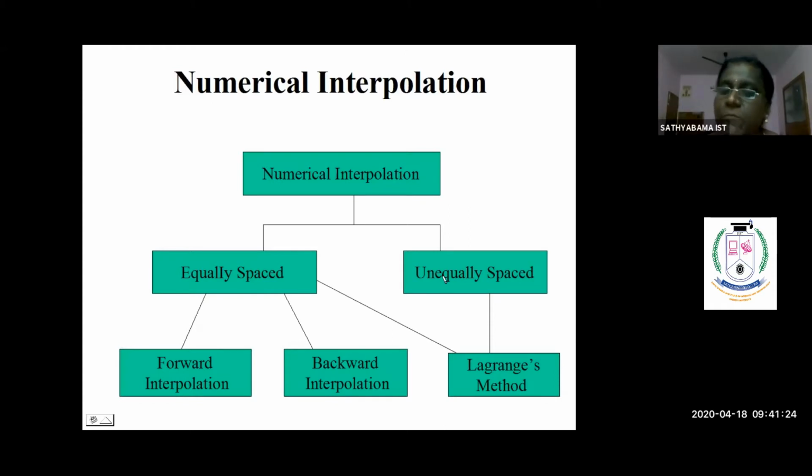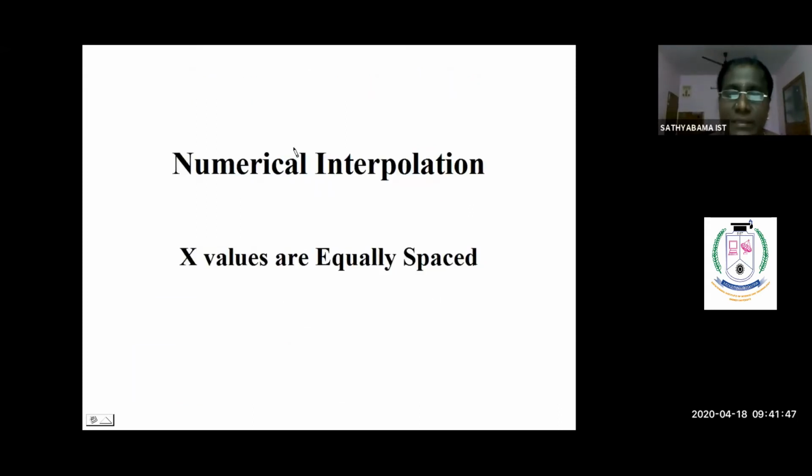Lagrange is applicable for any data set. And for equally spaced, the special cases are forward interpolation and backward interpolation. So according to this broad split, I'm going to see problems under equally spaced first, and then we'll go for unequally spaced.